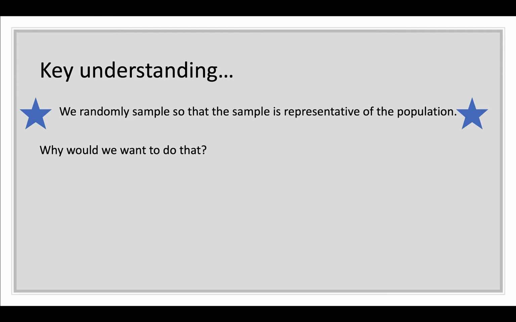Now, the key understanding from that, which is really important and you need to know this, is that we randomly sample so that the sample is representative of the population. If it's truly a random sample, then everyone has to have an equal opportunity to be chosen.